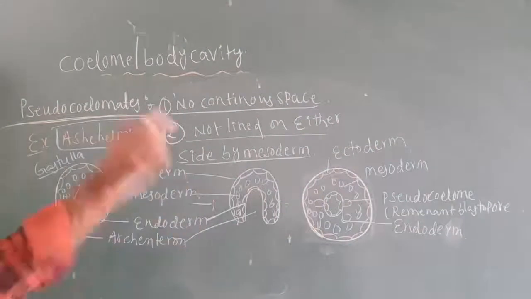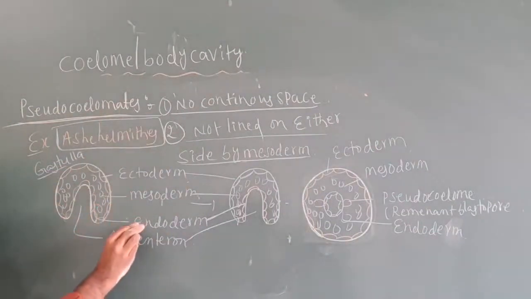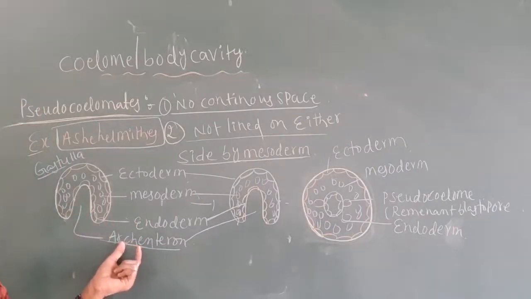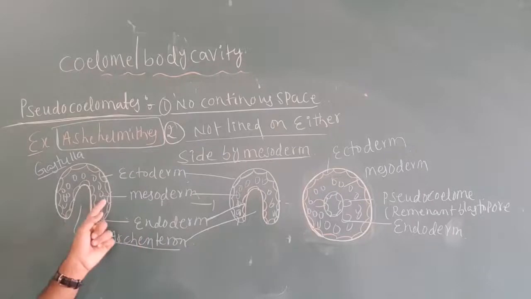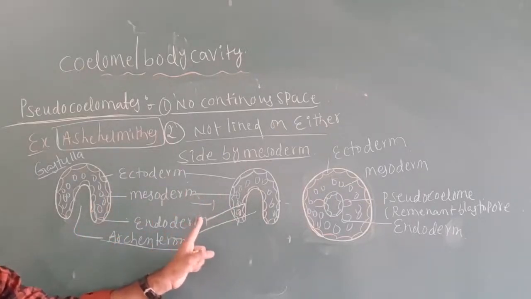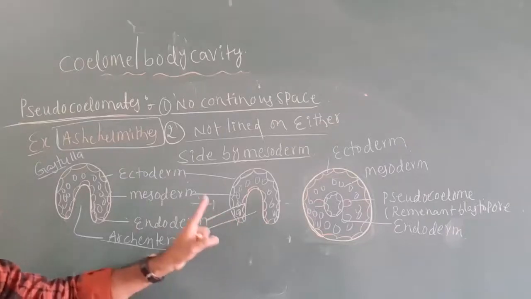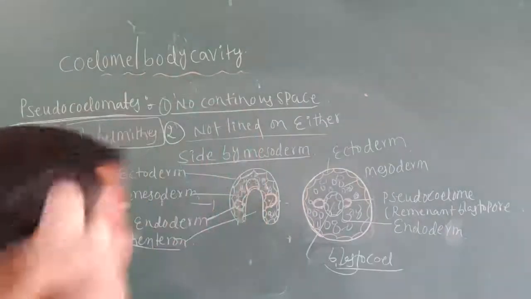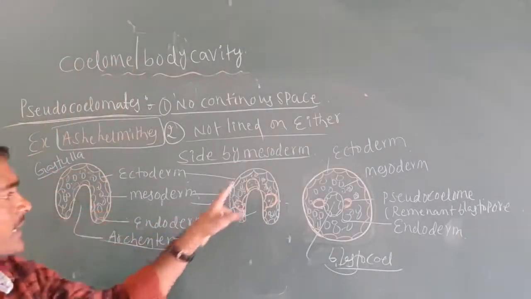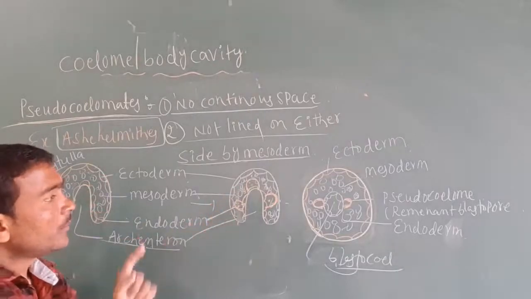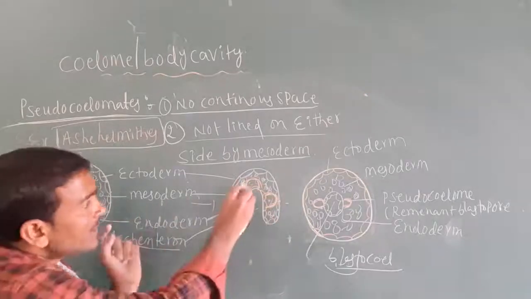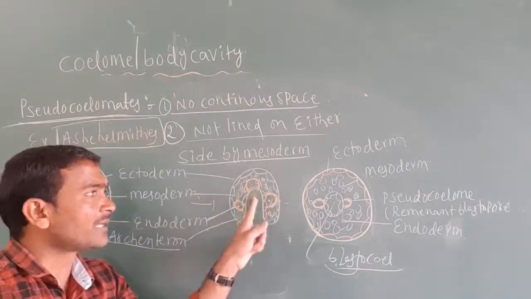See here the gastrula: ectoderm, mesoderm, and endoderm, with the archenteron, the primitive gut. In the true coelom, the coelomic pouches are there, meaning the space between the body wall and alimentary canal.